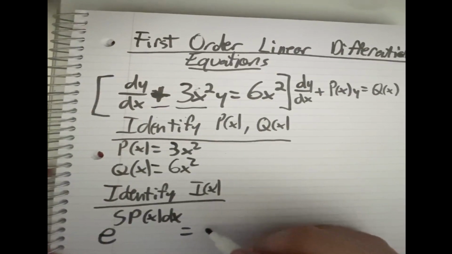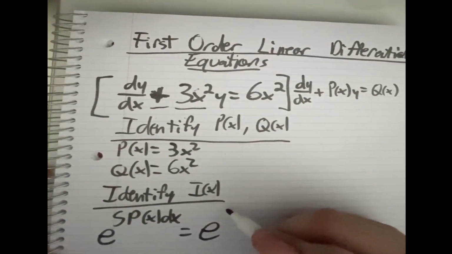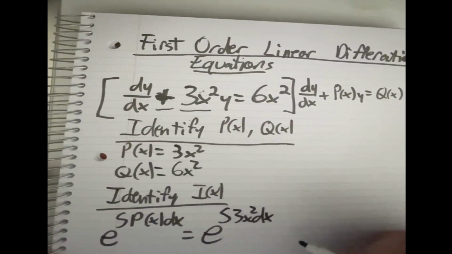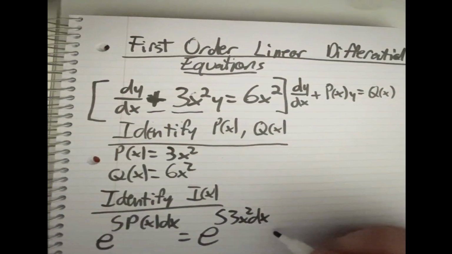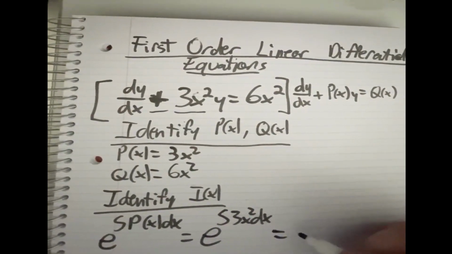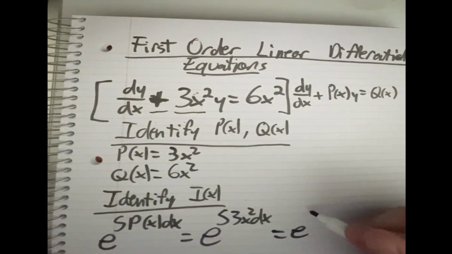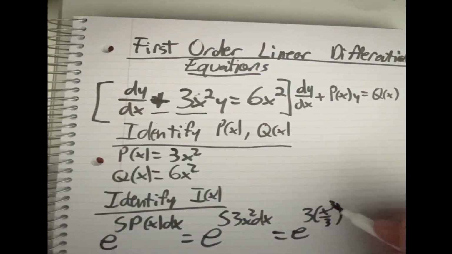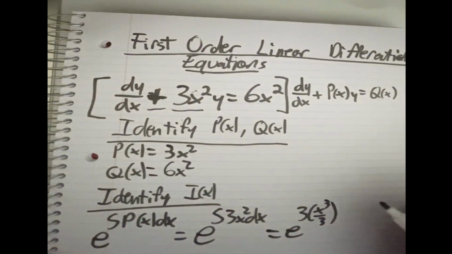So knowing that our p of x is 3x squared, we will plug this inside the integral sign. And the next thing to do would simply be to integrate what's inside the integral sign. So e raised to the 3x cubed over 3. And don't worry about adding the c constant.